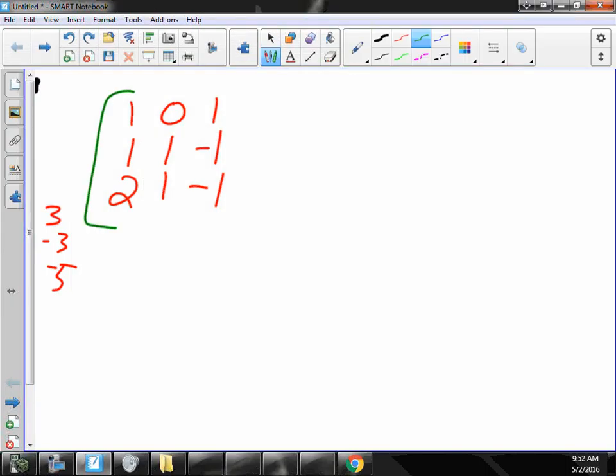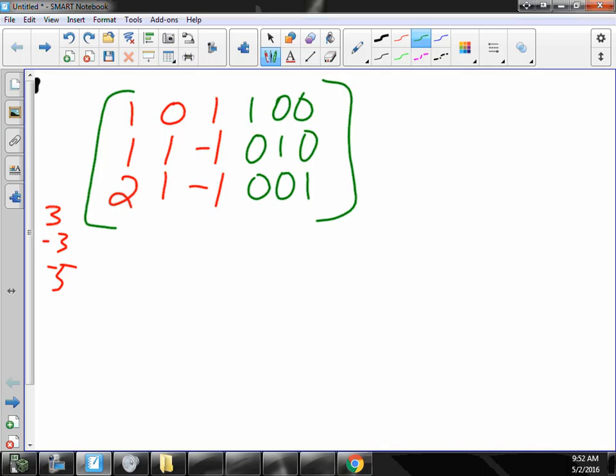So I attach I3. And then I do reduced row echelon form. First row is good. So to clear out this number, I need to do first one minus second one. And then to clear out this one, I'm going to multiply the top one by -2.